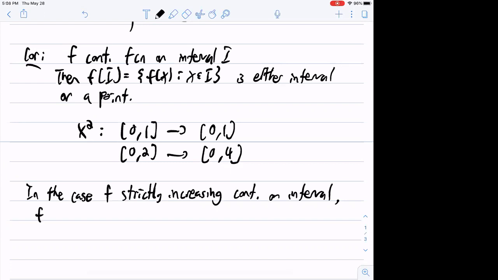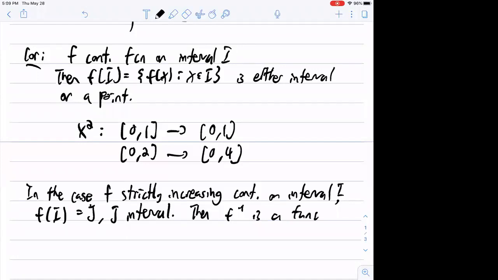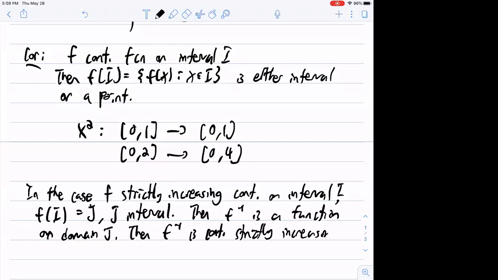From the corollary above, f of I, sorry, interval I, f of I is an interval J. But not only that, then f inverse is a function on domain J. Then it's saying f inverse is continuous strictly increasing on J.